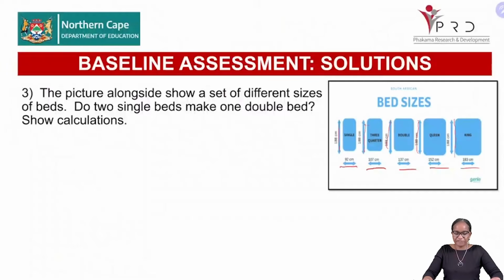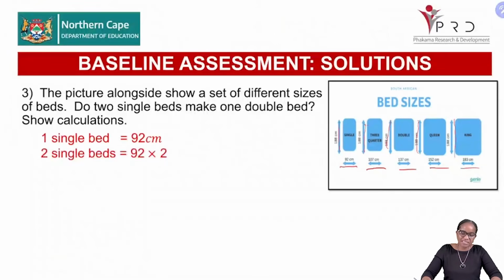So we want to verify if 2 single beds make up 1 double bed. How do we find out? We are saying 1 single bed is of width 92 centimeters, meaning 2 single beds will be 92 centimeters times 2, giving us 184 centimeters. What about a double bed? The width of a double bed is 137 centimeters.